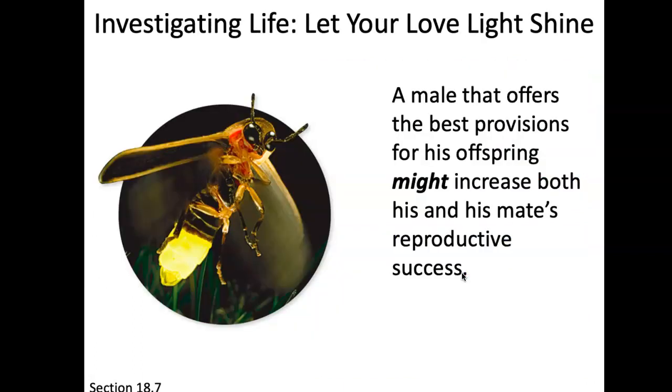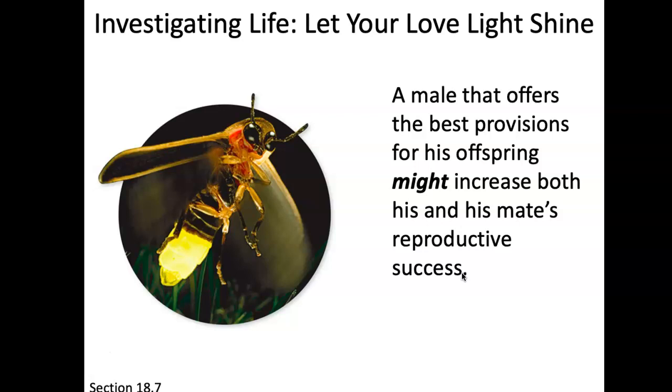The last section of this chapter is a research study, and I'm going to go over it. It's called Investigating Life, Let Your Love Light Shine. This is very interesting. This population of fireflies, or lightning bugs, whatever you want to call them.